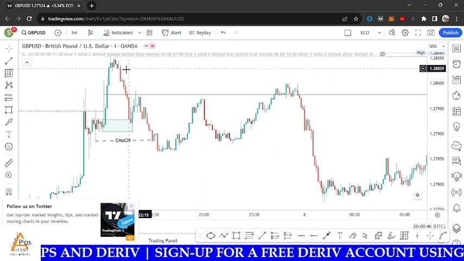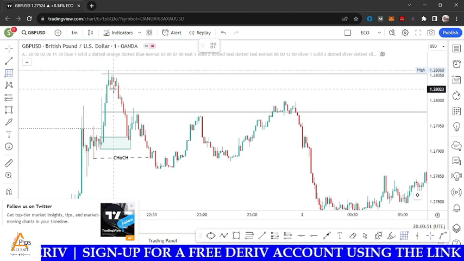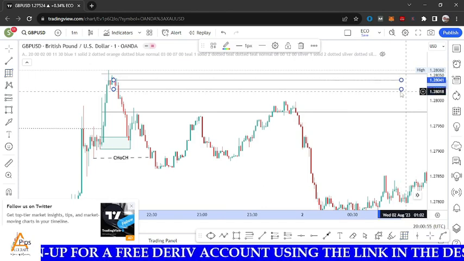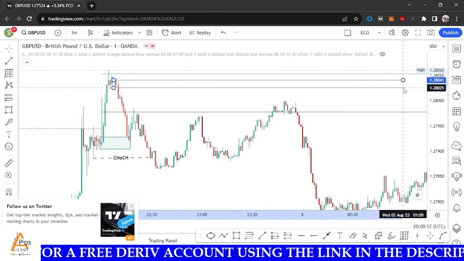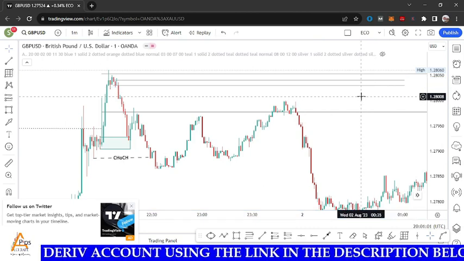Though you can still mark this area as a potential area of interest in the future, it shouldn't be something you consider a high probability zone to trade.